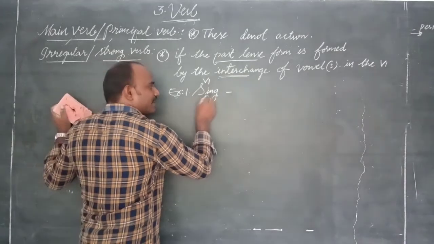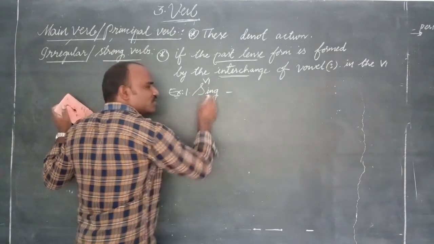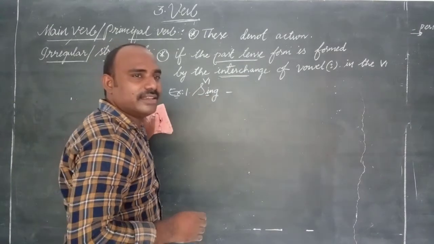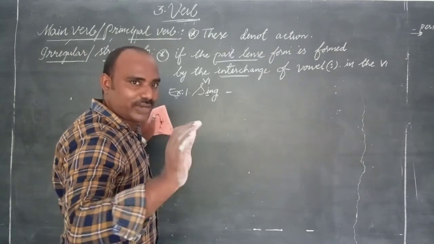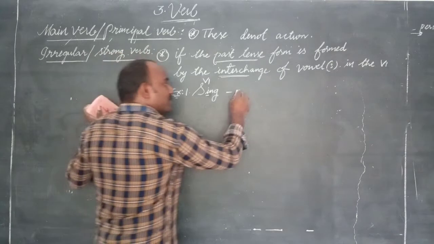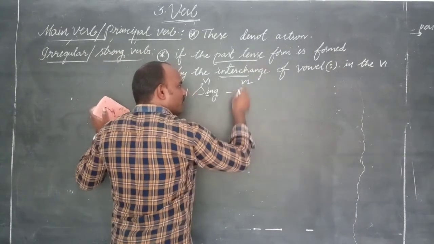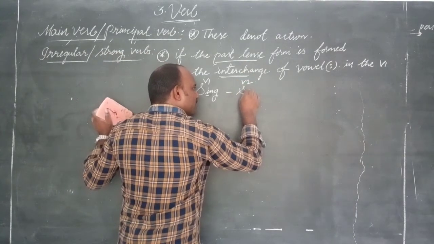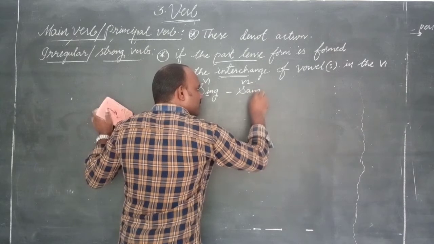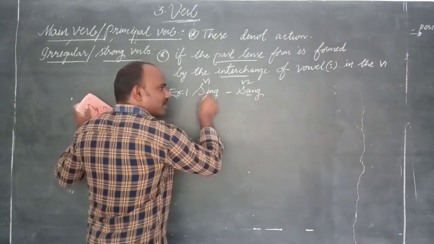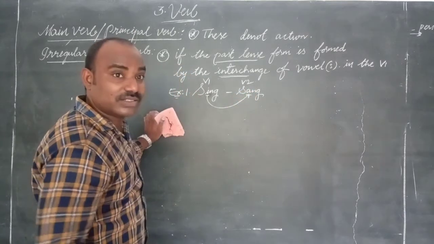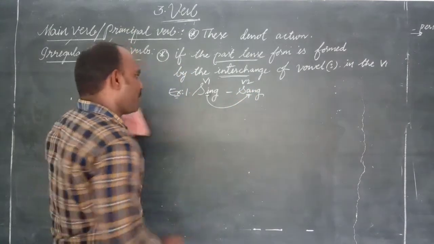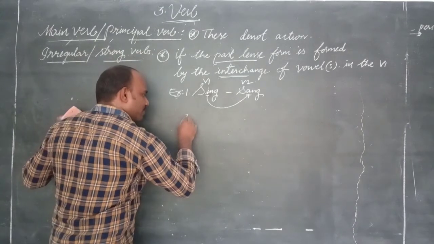Sing, S-I-N-G. See, I is one of the vowels. A, E, I, O, U, five vowels. See here, the past tense form V2 is sang. See here, I is replaced by A. Sing, sang, sang.